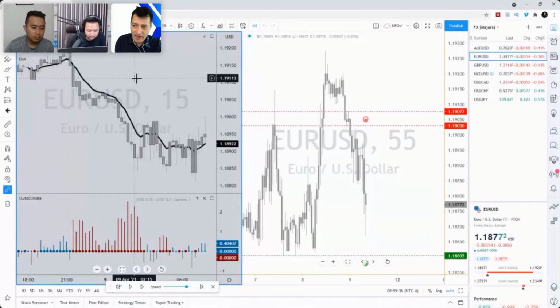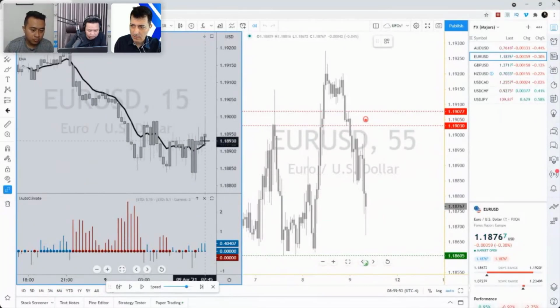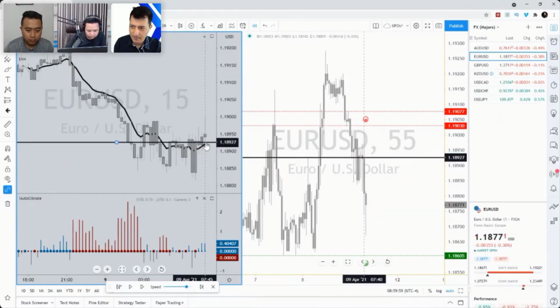So what do you expect? Well, you expect that the next candle starts moving lower and goes below the low of that candle, which was 18.92.7. Let me get a line there, more or less there at the low. The line is not in the right place, but it's okay, you get my point.